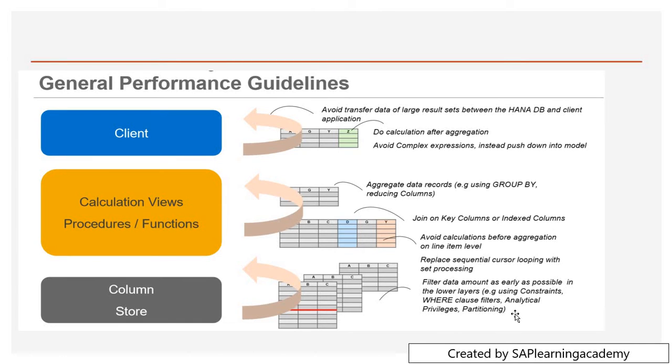So that is a really important statement, that you need to filter the data as early as possible in the lower layers. As soon as you bring the projection, you must do the filtering there only, so that the data model should not bring all the data up to the top level.